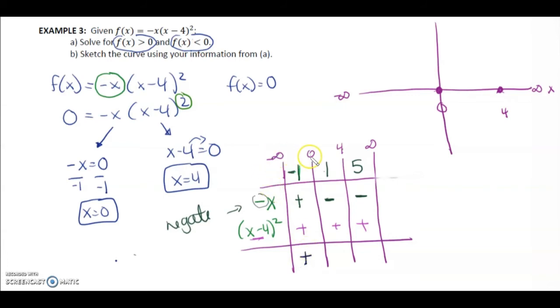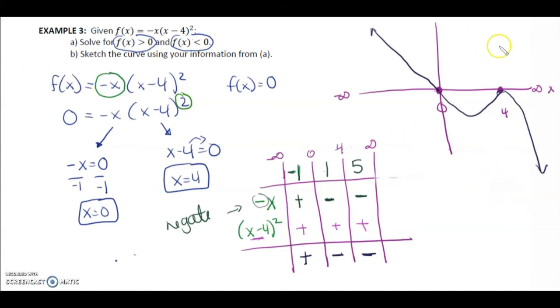Okay, so positive yields a positive. So between negative infinity and 0, we're going to be above the x-axis. And then negative yields a negative, so between 0 and 4, we're below the x-axis. Then negative yields a negative, so between 4 and infinity, again, below the x-axis.